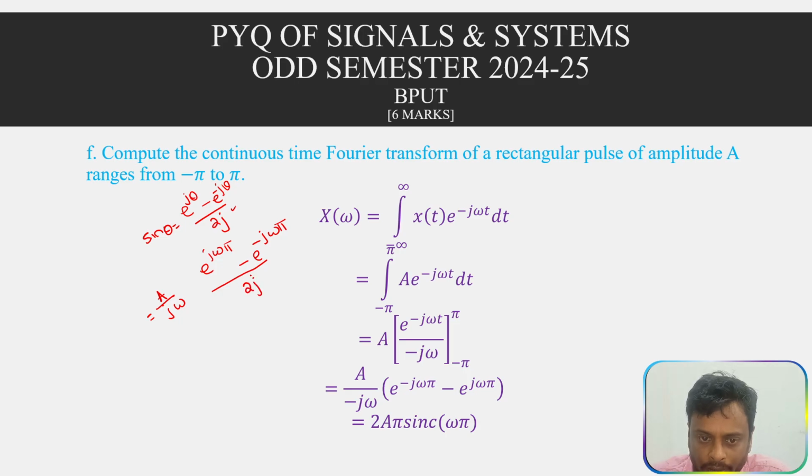We can multiply numerator and denominator by 2j, so the j cancels out, and it will be 2a by omega, then sine omega pi.